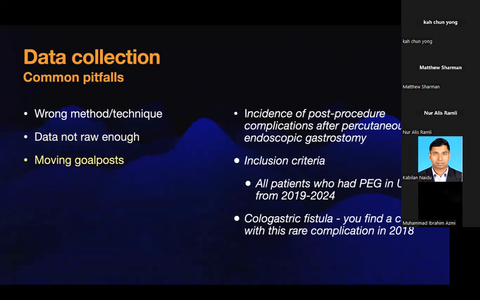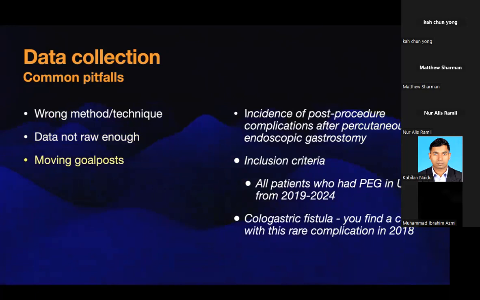Okay, moving goalposts. Okay, so this is also very common. So let's say your study is on the incidence of post-procedure complications after percutaneous endoscopic gastrostomy. Okay, and your inclusion criteria is every patient who had a PEG in UMMC from 2019 to 2024. Okay, you've got 5 years.